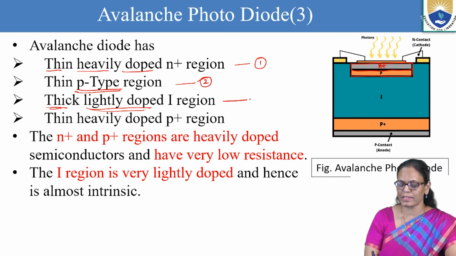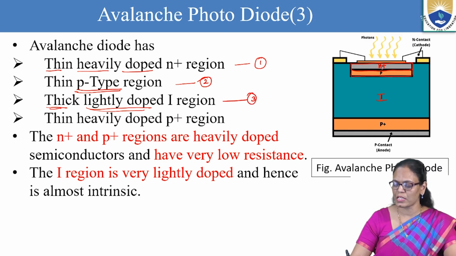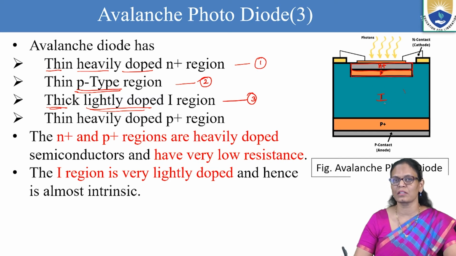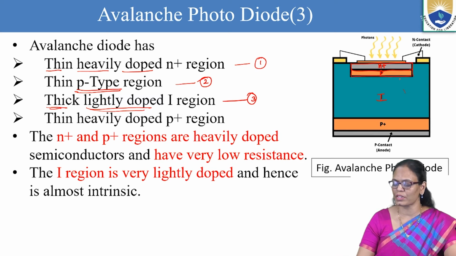It is the intrinsic region, which we call I. This is N plus, this is P, and this is I. The I region is very lightly doped, and because it is very lightly doped, the region is very thick.